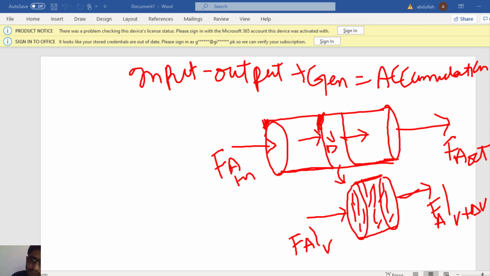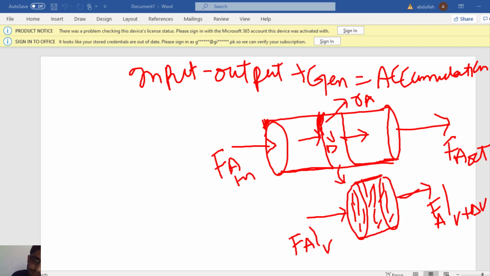It is so small that the rate of reaction here is constant, as we assumed in the CSTR. It is considered to be constant, and it is our assumption.